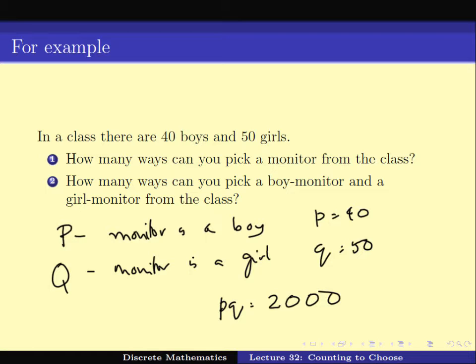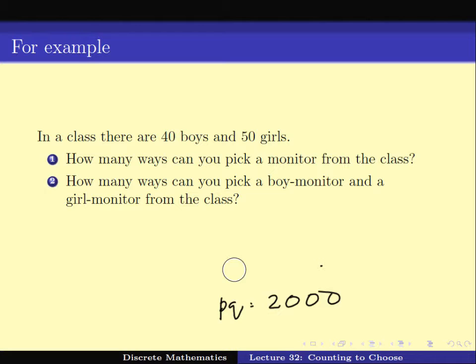So there are 2000 ways of picking one boy and one girl, such that one of them is a boy monitor and one of them is a girl monitor. So this is a very simple application of the product rule and the addition rule.